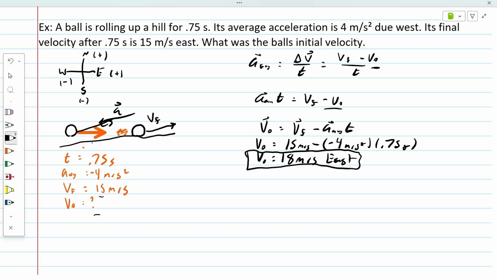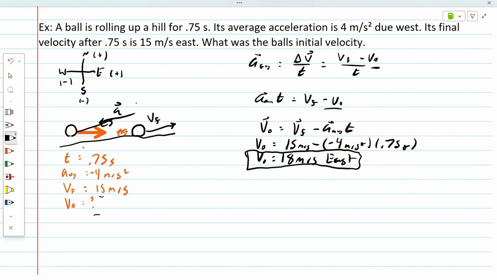That's why I drew it on a hill, because you can think that if it's going up a hill, the ball is going to start slowing down because the acceleration is in the opposite direction. This isn't the best example to think about because the acceleration is really down, but there will be that horizontal acceleration in the opposite direction. So that's why the velocity is greater at the start than the end.